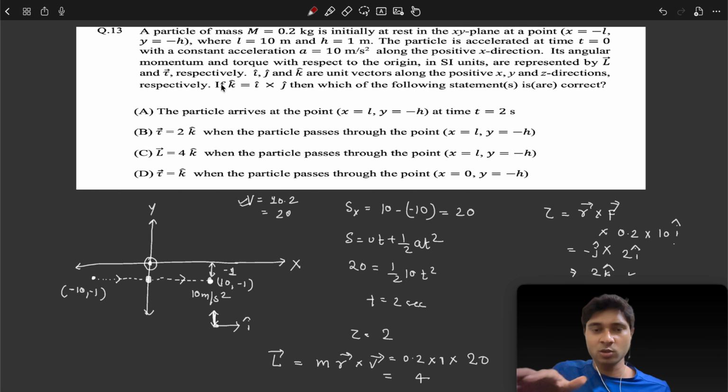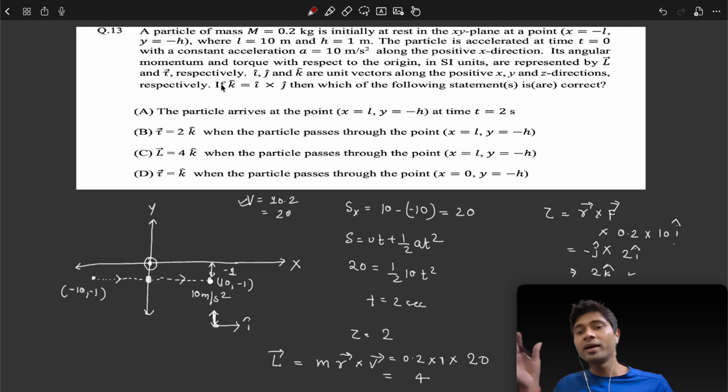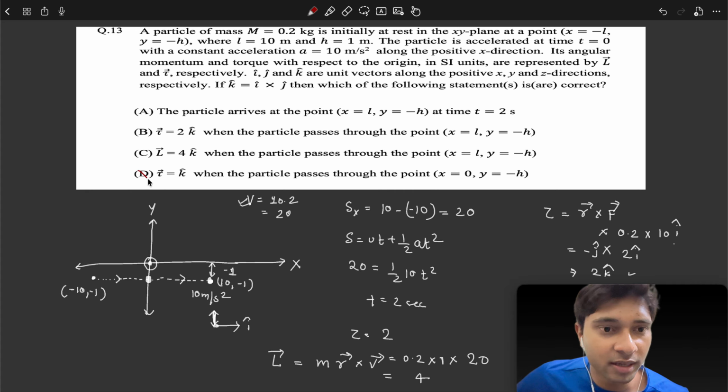The particle was in the xy plane only, and movement is only in the x direction. So throughout the motion, the cross product of acceleration and distance will remain the same. Angular momentum will keep changing because velocity is changing, but acceleration is the same throughout the motion, so torque will remain the same. So D is wrong, A, B, C are correct.